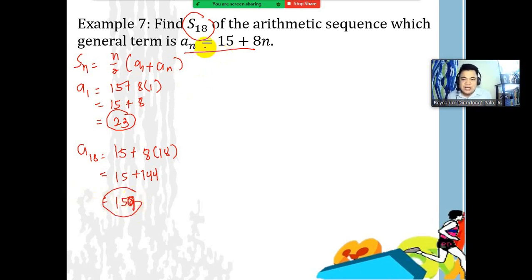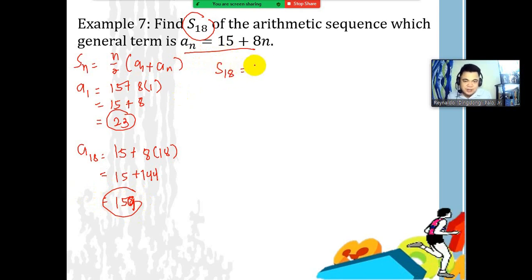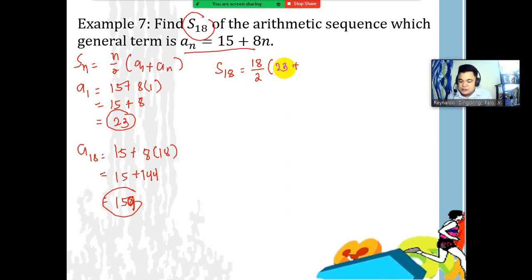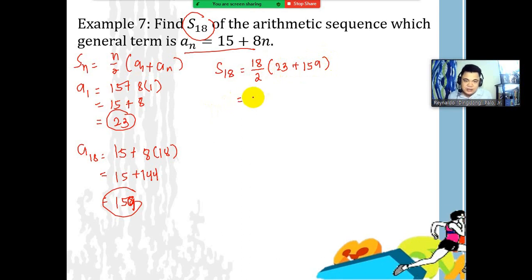And then we can now solve using the formula: S sub 18 equals n, the number of terms, 18, of course, since we're looking for S sub 18, over 2 times your a sub 1, which is 23, plus your a sub 18, which is 159. So 18 over 2 is 9, and then 23 plus 159 is 182.